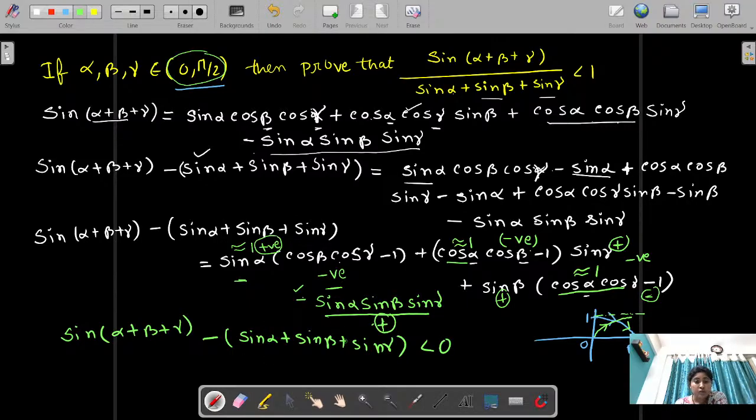Okay, so the next step I have to do on the next page. If you want to take a screenshot, you can do that. So my sine of alpha plus beta plus gamma minus sine alpha plus sine beta plus sine gamma is less than 0. So I can write sine of alpha plus beta plus gamma is less than sine alpha plus sine beta plus sine gamma.